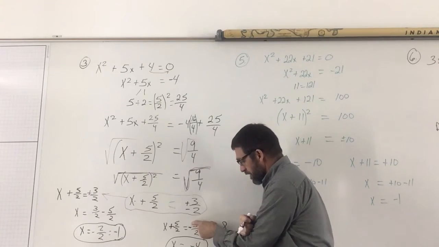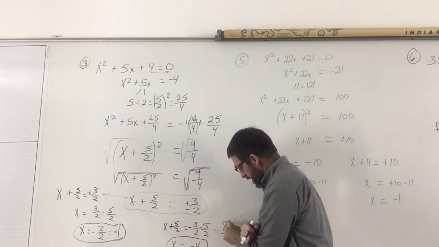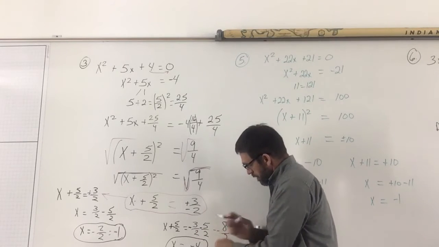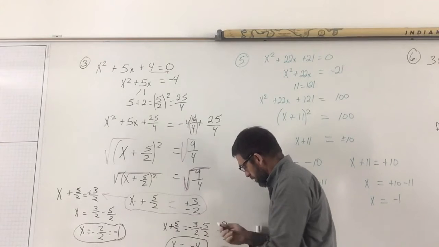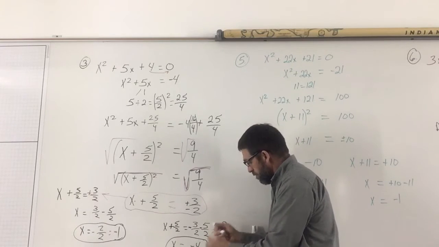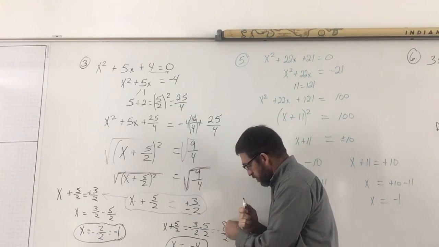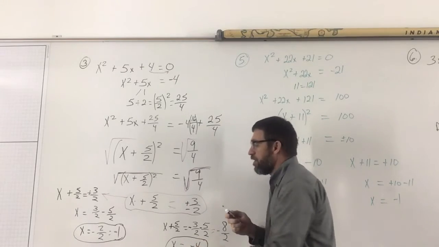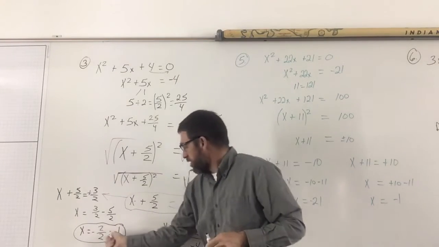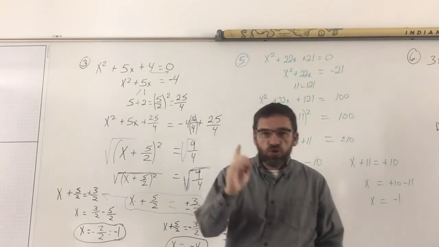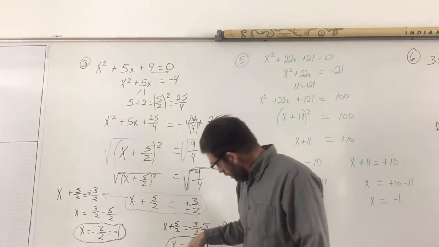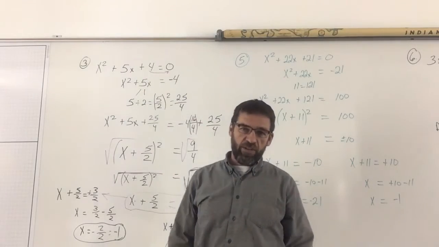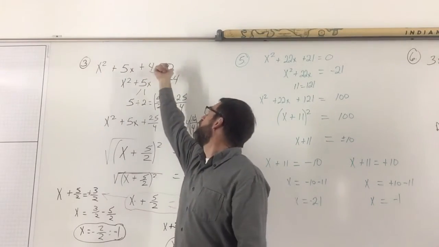When I combined them, I had 8 over 2, and it's a negative number. I should have put that 8 over 2 is a negative number. I divide 2 into 8 and get 4, negative. X equals negative 4, or x equals negative 1. You can put negative 1 or negative 4 in these spots and get the correct answer, and it will equal 0.